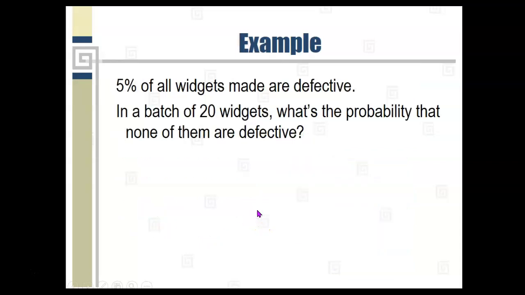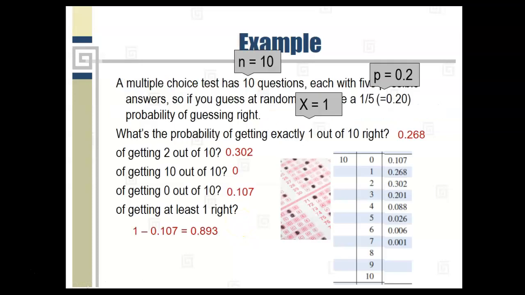Now, I should maybe mention that it would also be possible to answer this question about getting at least one right by saying, well, at least one means that the number of questions you get right is either 1 or 2 or 3 or 4 or 5 or 6 or 7 or 8 or 9 or 10. So you could add together all of those probabilities for all of those x's that are at least 1 and get it that way.